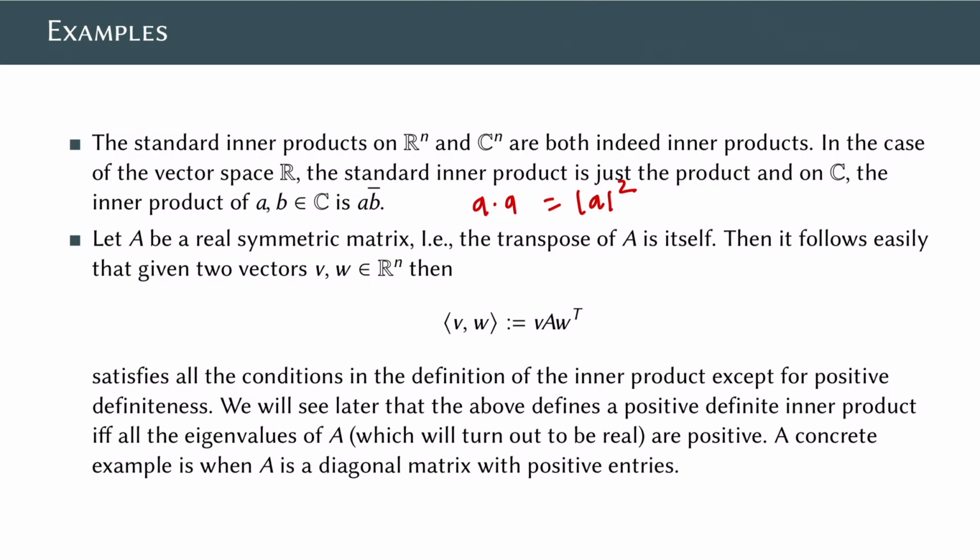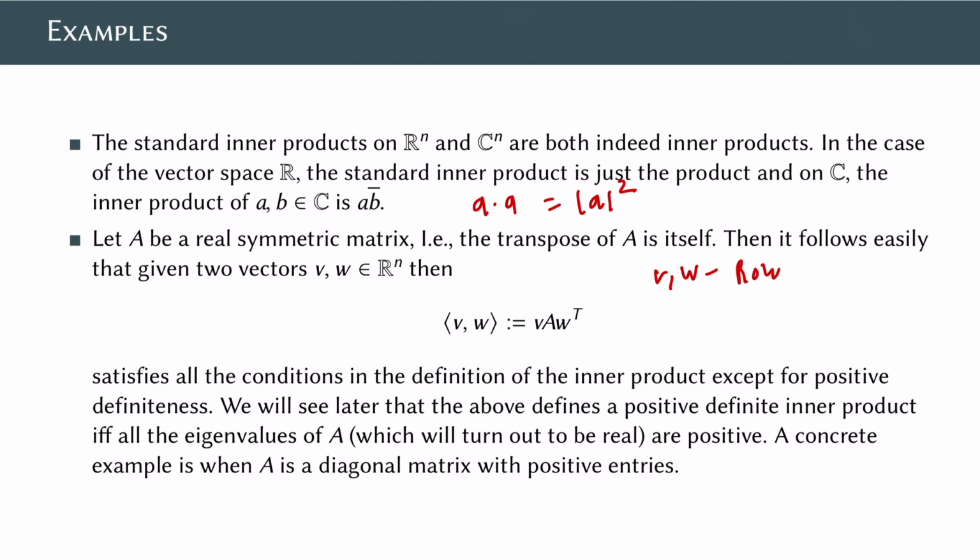Now for a more general example, consider A to be a real symmetric matrix, that is, transpose of A is itself. Then you can easily check that if you take two vectors v comma w in Rn and define the inner product of v comma w to be nothing but v A w transpose. Here I must remark that v comma w are treated as row vectors.